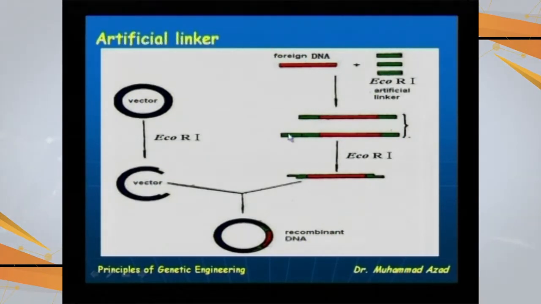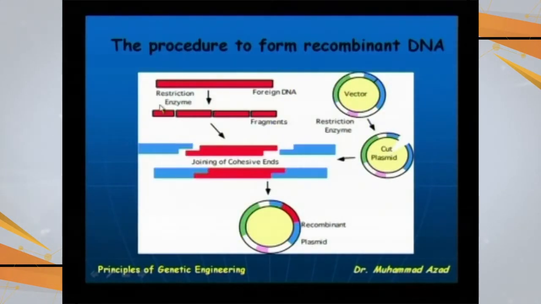All of these are artificial linkers for linking the plasmid DNA and the human DNA. The restriction enzymes cut the DNA into fragments, and then the fragments are joined with the help of these cohesive or sticky ends. So this was the vector, and it was cut like that by restriction endonucleases, and this is the recombinant DNA.